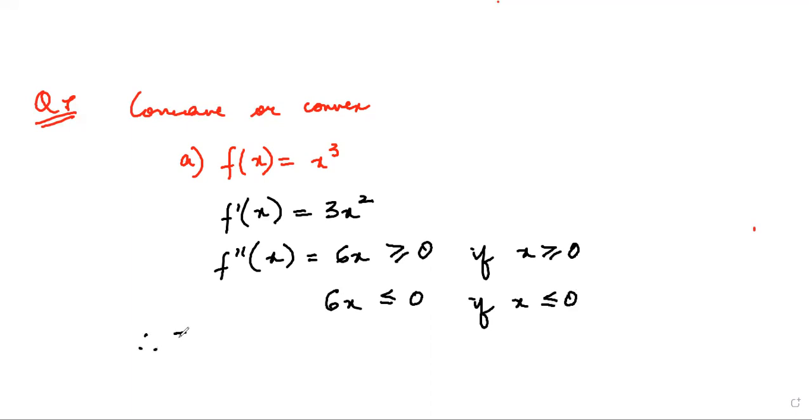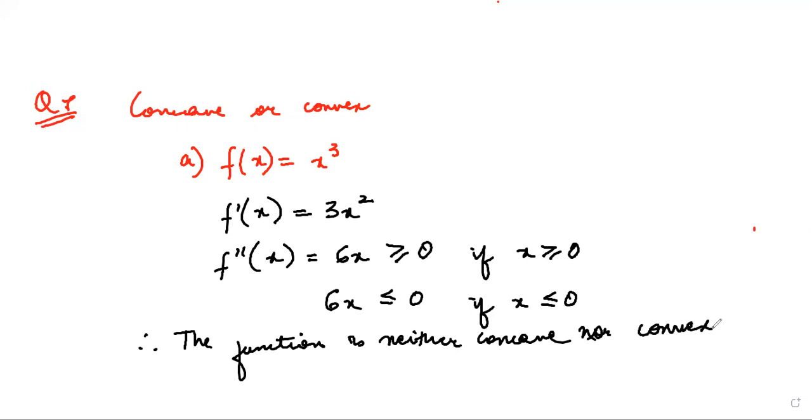Therefore, the function is neither concave nor convex, because it's not completely greater than or equal to 0, nor completely less than or equal to 0. So the function is neither concave nor convex.